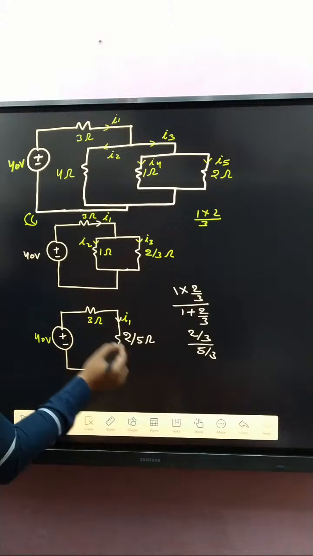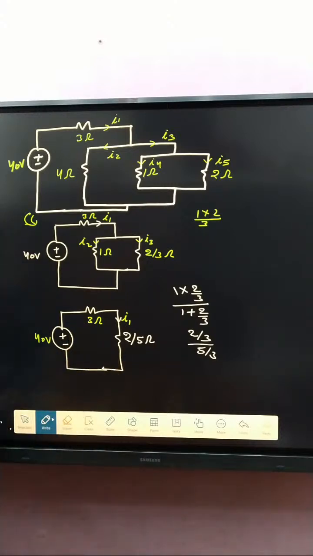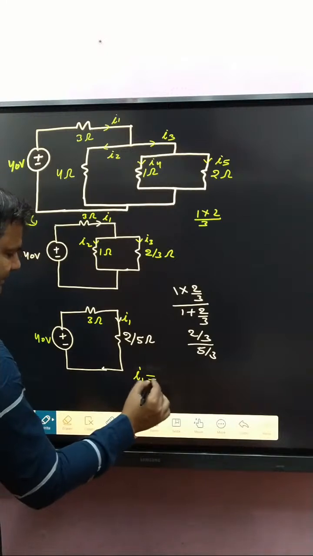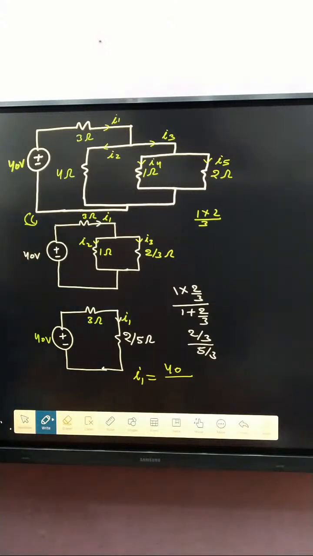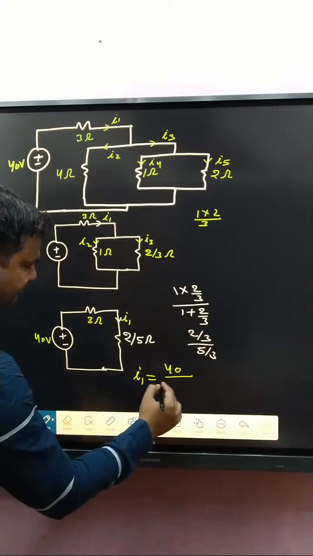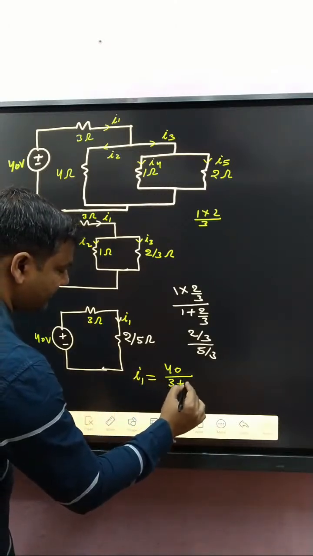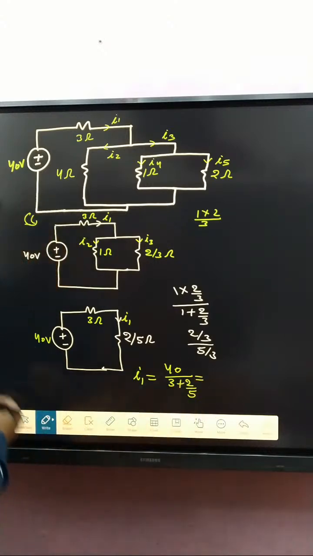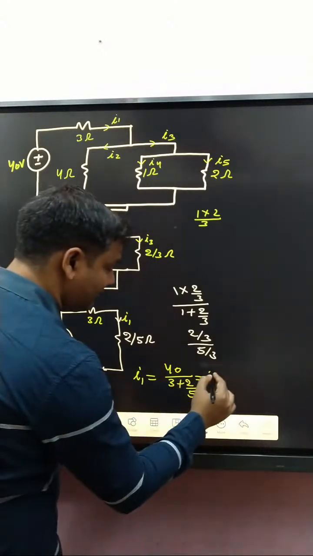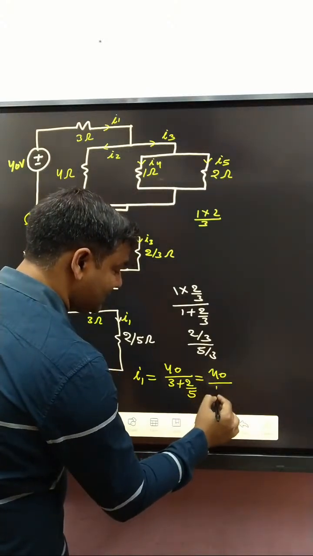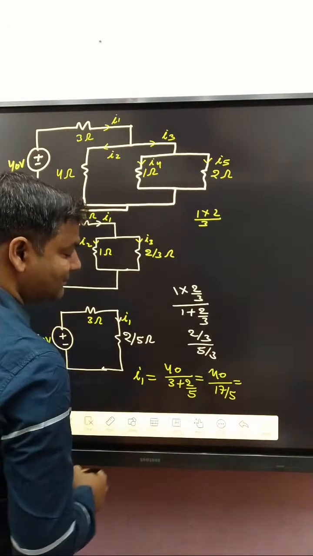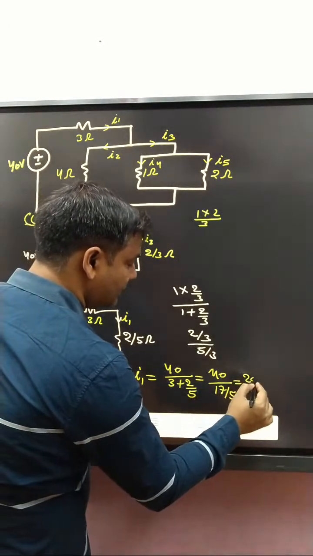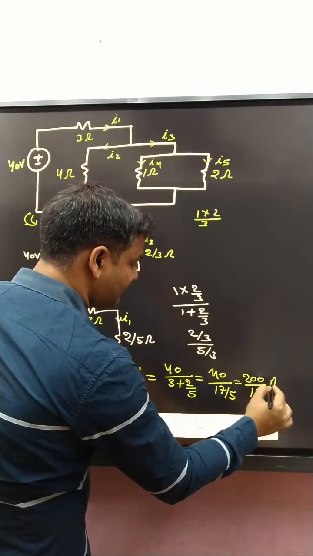So what about I1? These two resistances are in series. So simply I1 is written as 40 by 3 plus 2 by 5. Then we got 40 divided by 17 divided by 5, so we got 200 divided by 17 ampere.